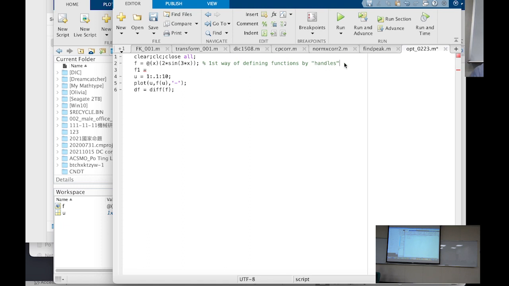Symbolic. So syms x. Let's use a different x1. So symbolic 2 times sine 3 times x1.